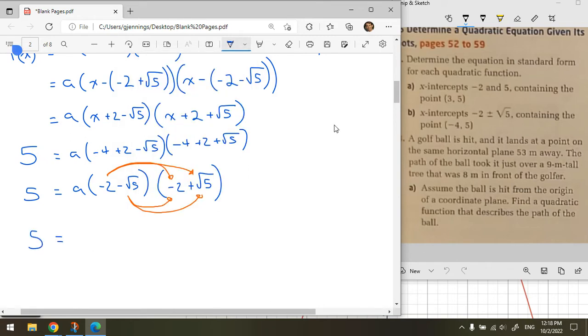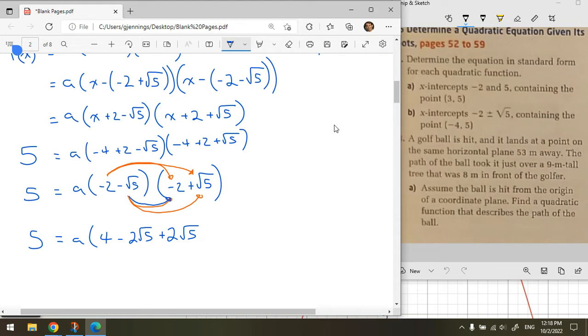5 is equal to a multiplied by -2 times -2 is 4. -2 times positive root 5 is -2 root 5. Negative root 5 times -2 is positive 2 root 5. There's two negatives in that particular small multiplication problem, so the answer is positive there.